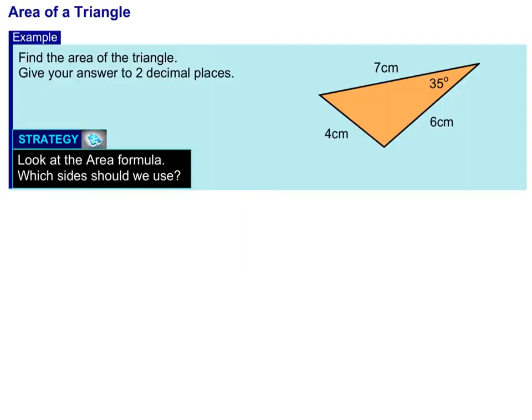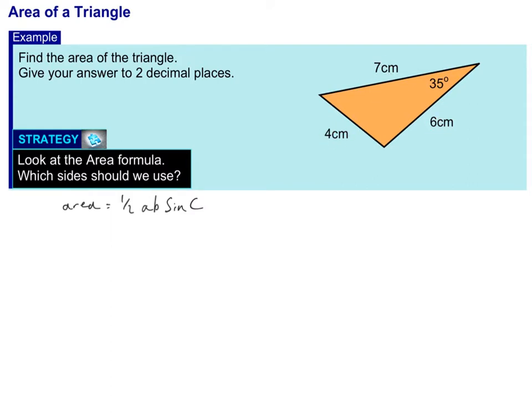So here we have got find the area of the triangle, give your answers to two decimal places. So we know the area is a half AB sine C, and we're looking for that V shape. So we've actually been given too much information here.